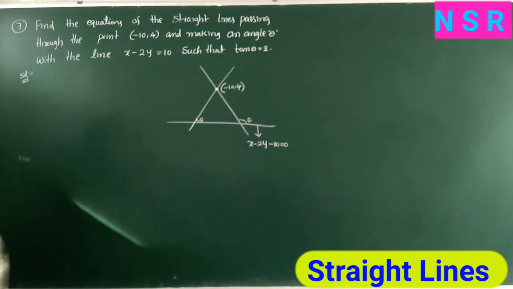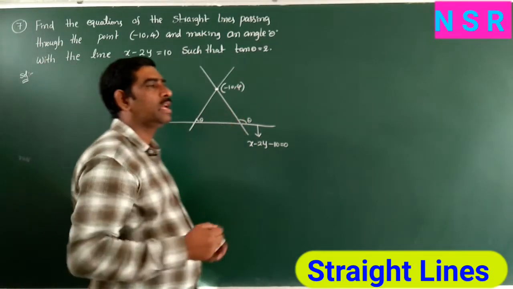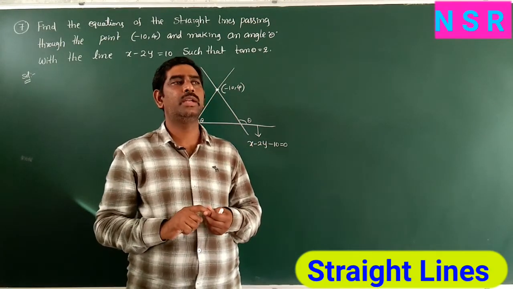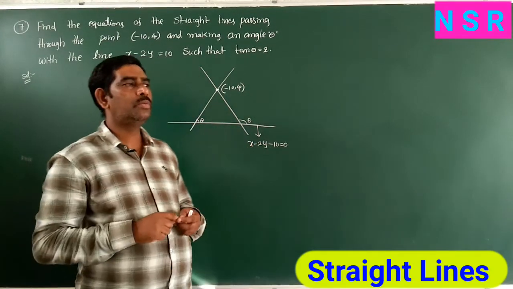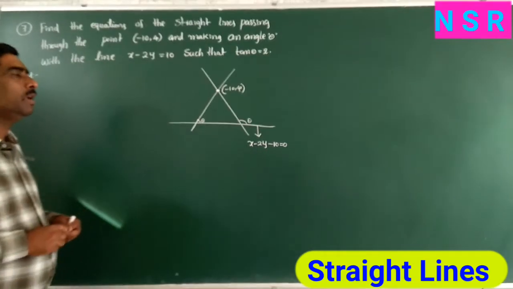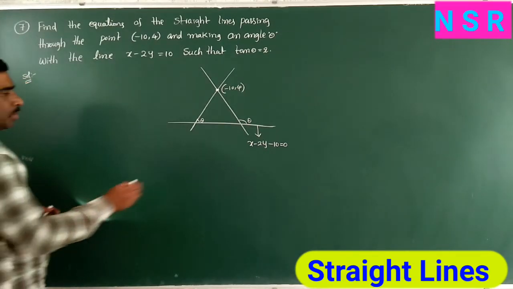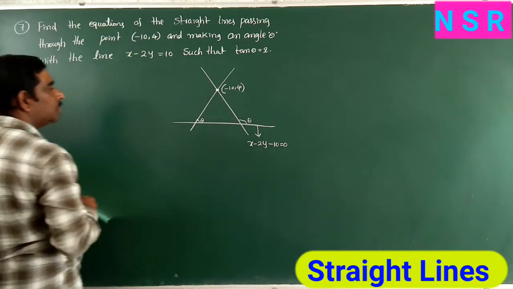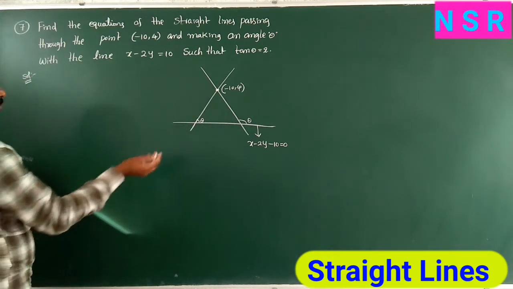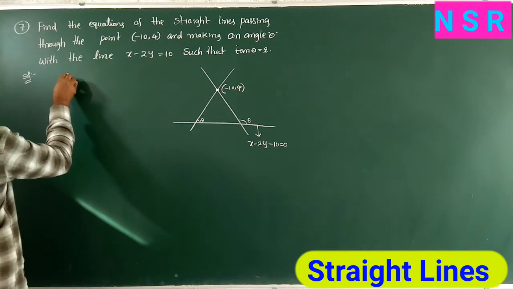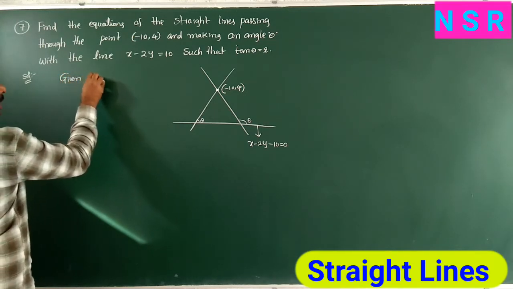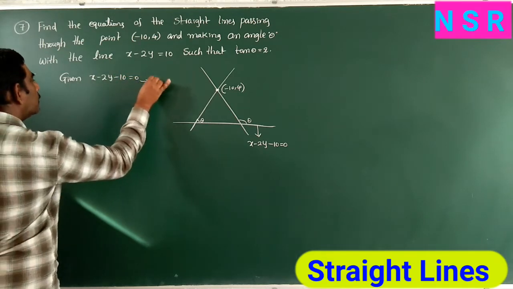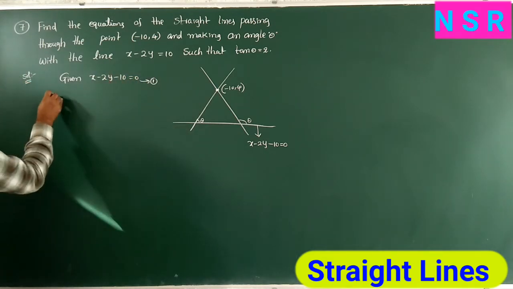So when we are using tan theta, if two lines having two different slopes m1, m2, then we have a formula of tan theta, that is tan theta equal to mod m1 minus m2 by 1 plus m1 m2. So first find the slope of this line and consider slope of that line is m2. So here given line x minus 2y minus 10 equal to 0, equation 1.